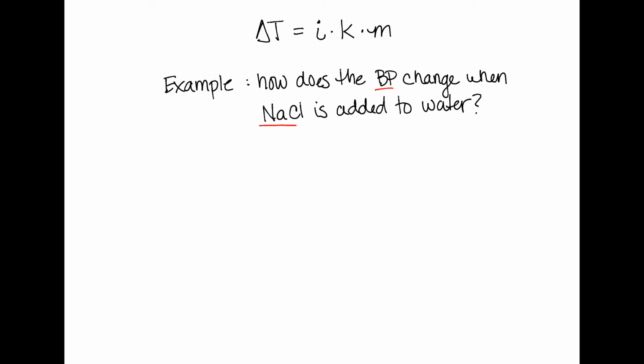We know that our compound is sodium chloride. Sodium chloride is going to allow us to calculate the Van't Hoff factor. So the I is always for the solute, and the solute is what's being added to the solvent. Water is our solvent, so we need to look up the K for water.